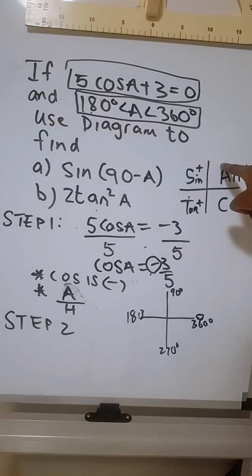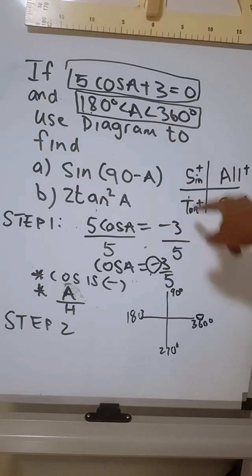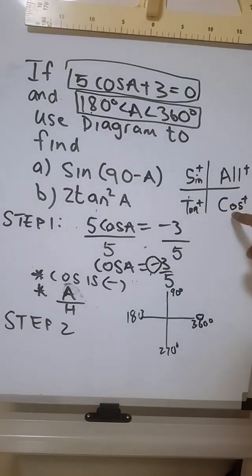Sine, cos, tan, and all the reciprocals. Here, second quadrant, sine is positive, meaning all other trig ratios are negative. So cos and tan are negative here. Here, tan and its reciprocal cot are positive, all other trig ratios are negative. And here, cos is positive with its reciprocal sec, and all other trig ratios are negative.